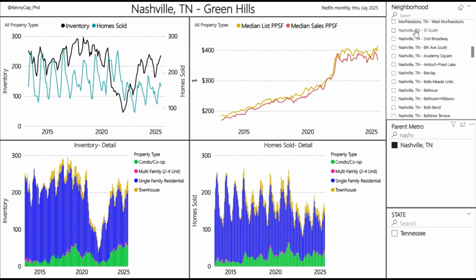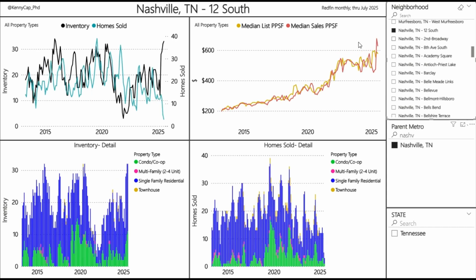So 12 South, look how high inventory for sale is. It's back to the pre-COVID highs, really. But you can see that home sales are insanely low for the month of July. Only 3 total homes sold. This is a very heavy single family market, although you have seen condos creep in there.